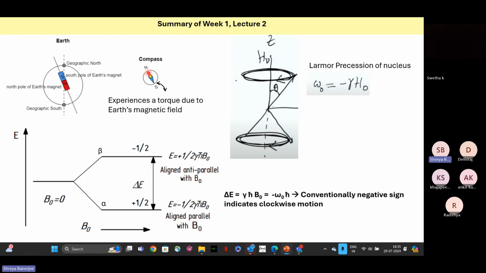If you force the compass needle to point in some other direction, it will again come back because it is getting attracted by the magnet in the Earth's core. So the compass needle is experiencing a torque due to the Earth's magnetic field.